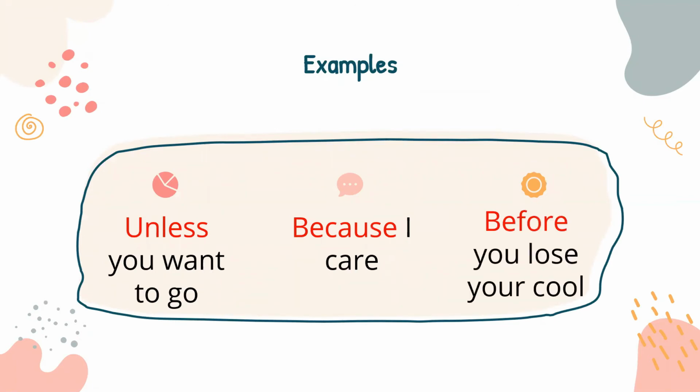Number 3, before you lose your cool. This is an example of a dependent clause because it starts with the subordinating conjunction before and it doesn't express a complete thought. So those are examples of our dependent clauses.